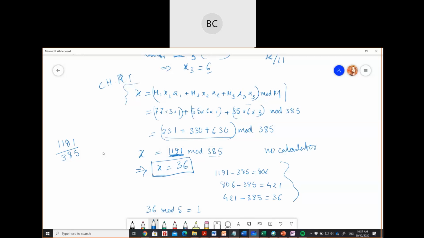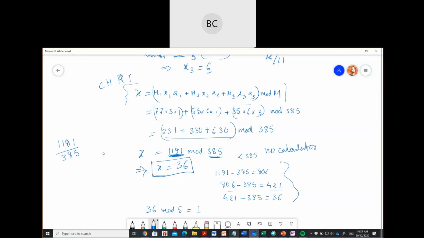Simple way: you will simply subtract this value from this one, 1191 minus 385, 806. So you will continue this process until you get a value which will be lesser than 385. Okay, you have to find any number which will be lesser than 385. 806 is bigger than 385. Again, you minus this 385 from 806, value will be 421.